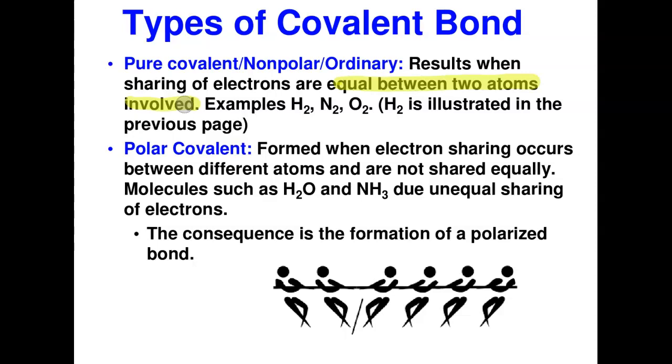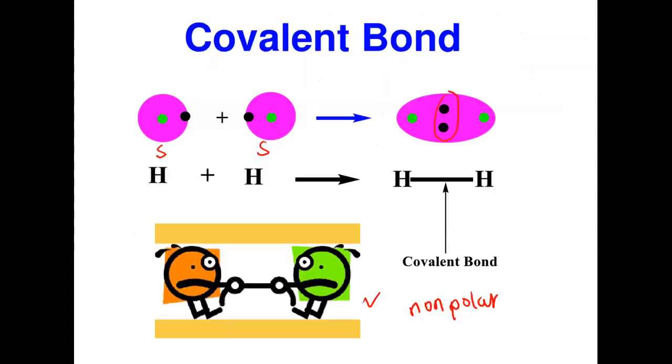This is particularly common in the formation of simple molecules, like hydrogen that involves two hydrogen atoms. It makes sense: two hydrogen atoms, the same weight, come together and form this kind of bond. Again, nitrogen, oxygen, and this was what I illustrated on this page. This kind of bond is what we call a non-polar covalent bond.